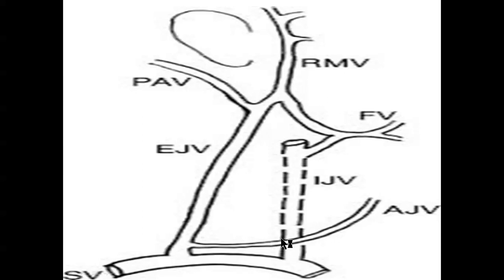Now again, another superficial vein in the neck region is your anterior jugular vein over here. The anterior jugular vein comes and drains into the external jugular vein. So the anterior jugular vein is a superficial vein present in the anterior area of your neck.